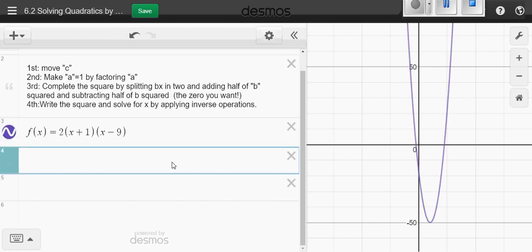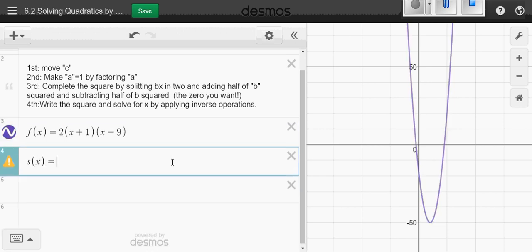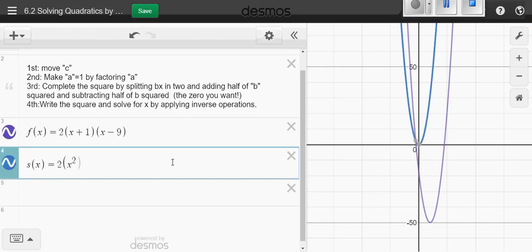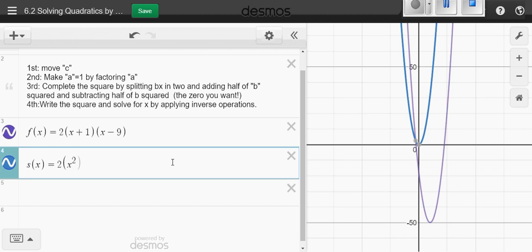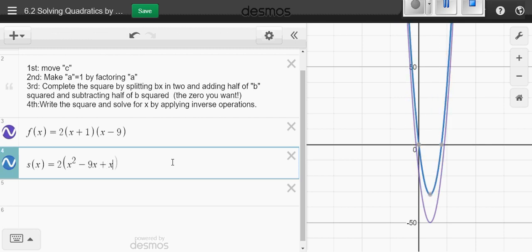And let's switch this to standard form, which would be 2x squared, plus x times x gives me x squared, -9x plus x gives -8x, and minus 9. So you see that this function is indeed this.